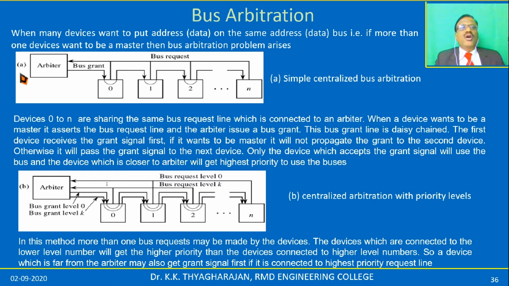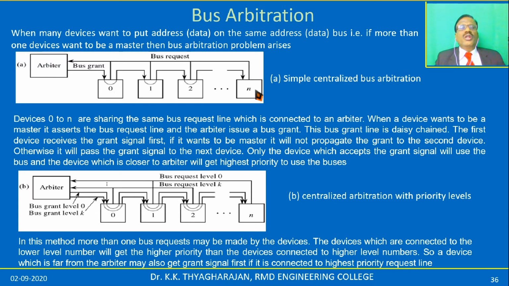It uses an arbiter to control the bus request and bus grant. In this case, if there are n devices, all these devices will be connected to a single bus request line, and this bus request line will be connected to an arbiter.